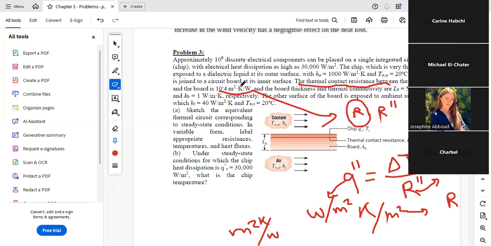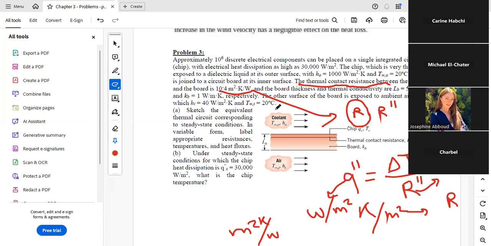So here, since the unit is meter square times Kelvin per watt, this means that we have R second. R second is given and not R, okay?